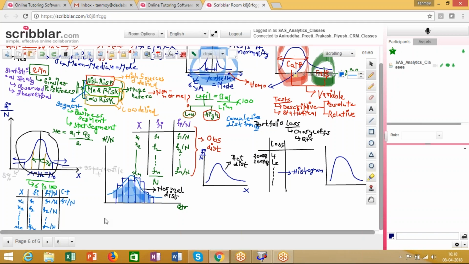Now the next part tells me the probability that the variable x has a value less than equal to x2, which is equal to f1 by n plus f2 by n.